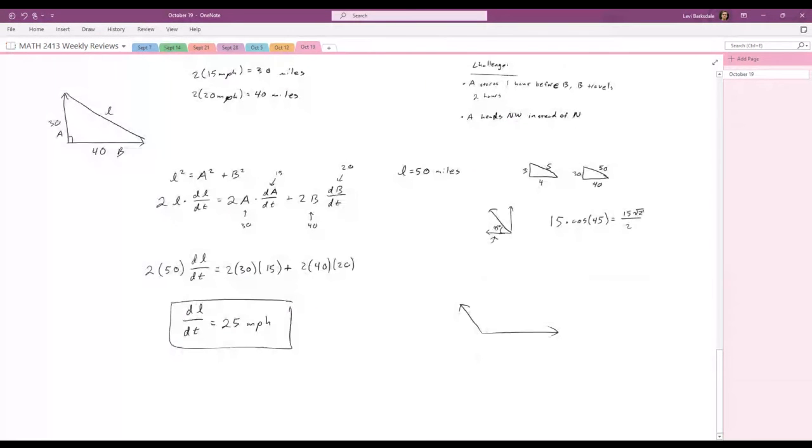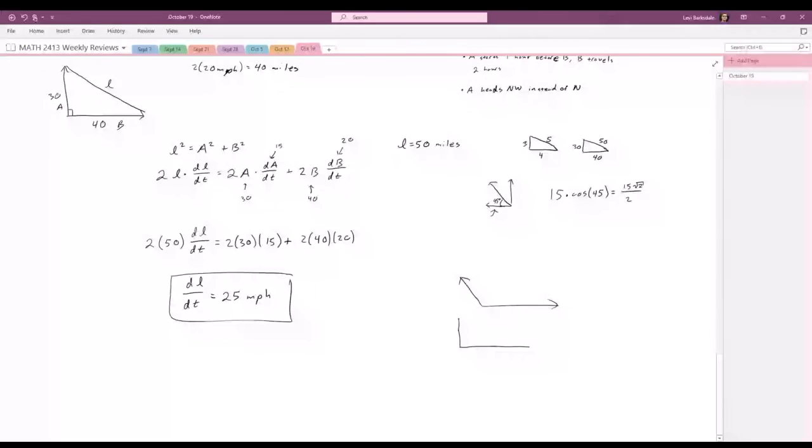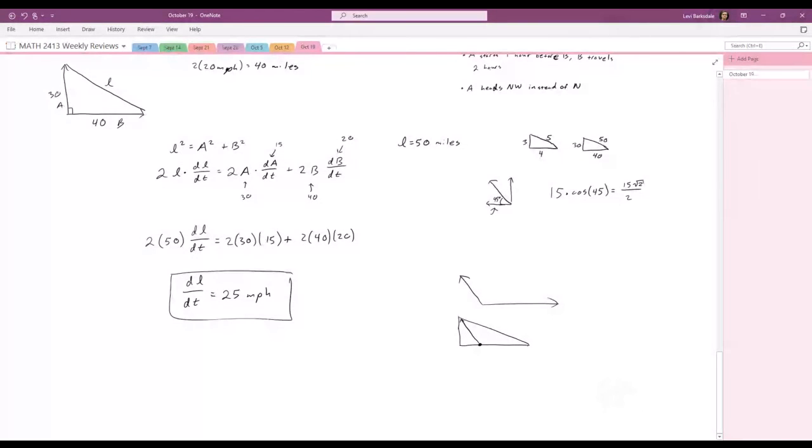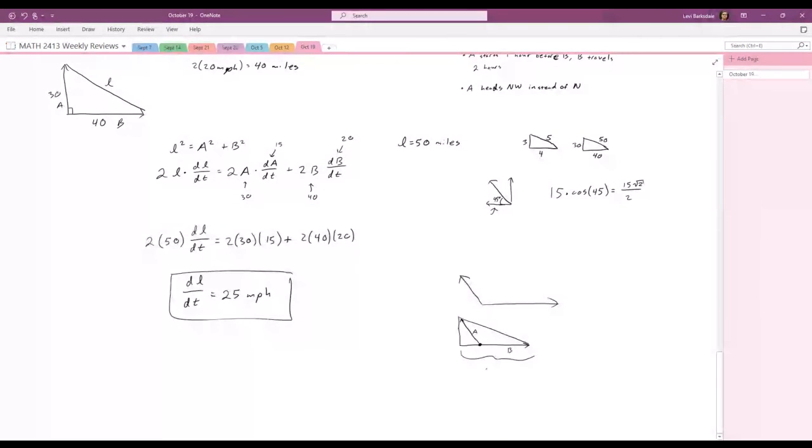So then if we wrote this out in one combined triangle, we would have something like this. This is our origin. This is our vector A. This is our vector B. So this is train A, this is train B. But then all of this is the combined A and B, and this is the combined A and B as well.